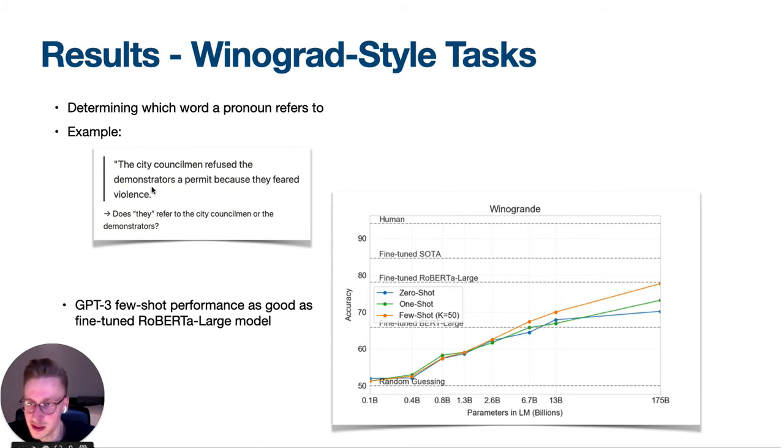For us humans, it's quite intuitive that it refers to the city councilman, but for language models, this isn't that intuitive. It has to understand long-range dependencies, basically. And as you can see, GPT-3 is as good as a fine-tuned RoBERTa large model in the few-shot setting. It's still a few points away from the fine-tuned state-of-the-art and pretty far away from human performance.